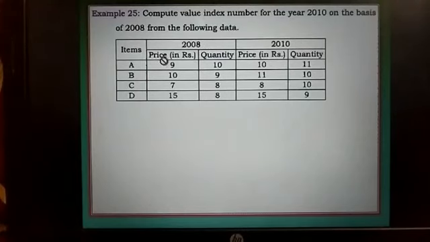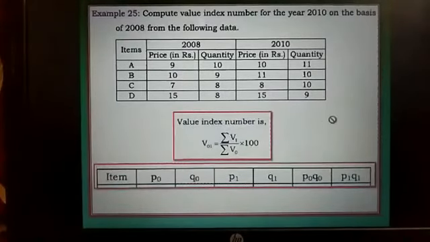And this is P naught, this will be Q naught, this will be P1, this will be Q1. We know already how to identify all these aspects from previous classes. Next, what is to be calculated? It seems value index number to be calculated. So value index number formula we know as V01 is equal to sum of V1 divided by sum of V0 multiplied by 100.